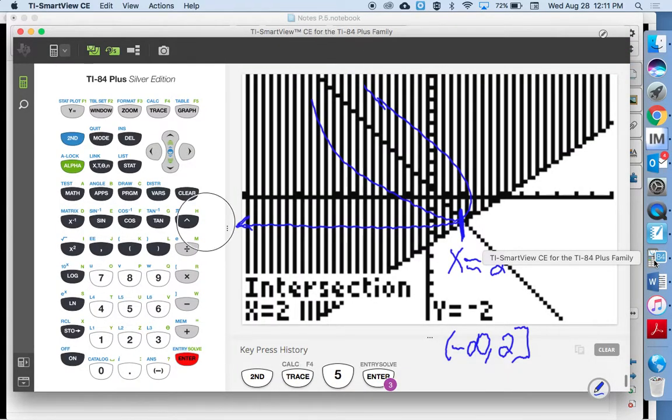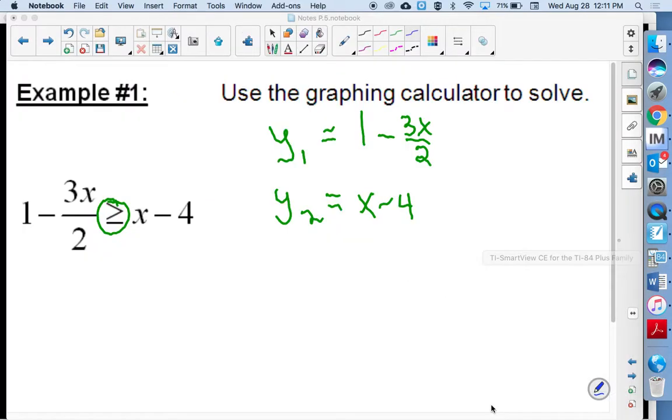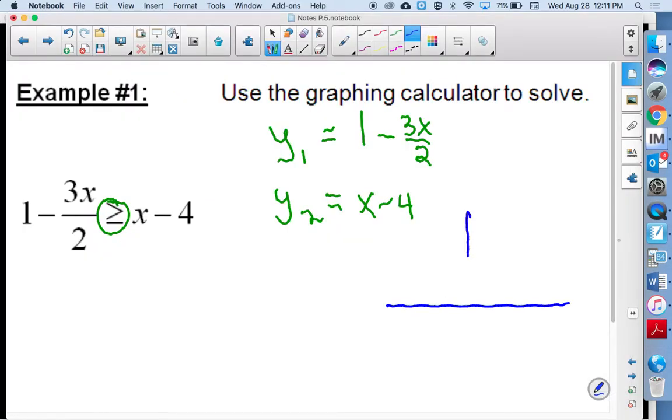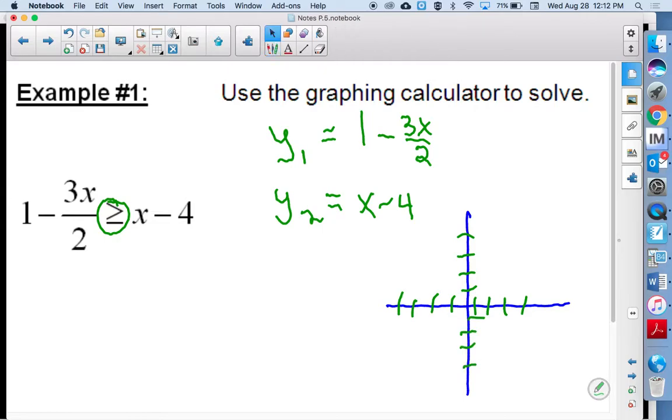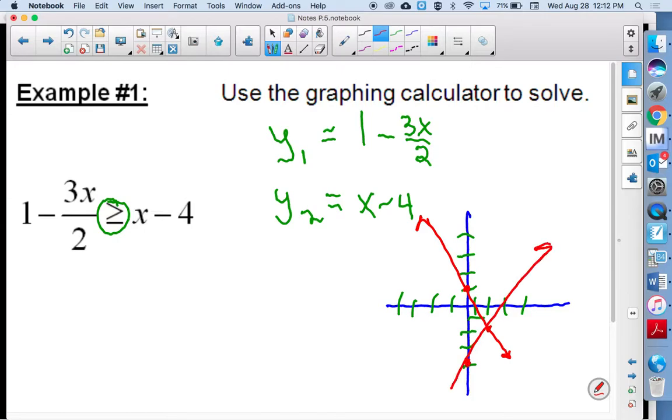Make sure you write yourself something down there so that you know what you were looking at. So maybe draw yourself a little graph. Doesn't have to be super fancy, but here's one line, or here's my other line.